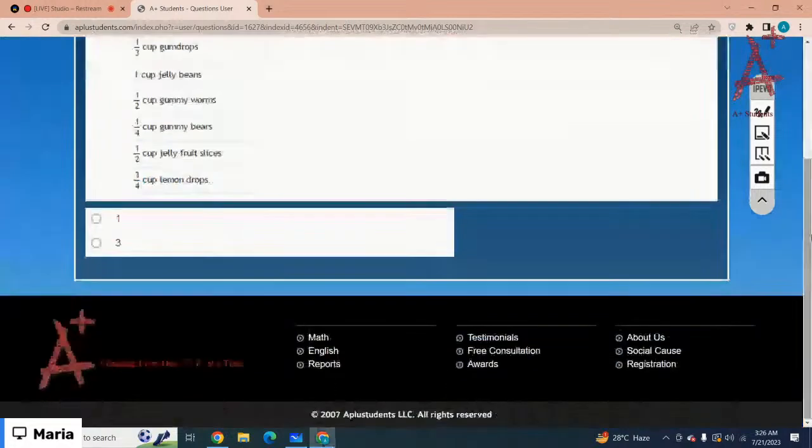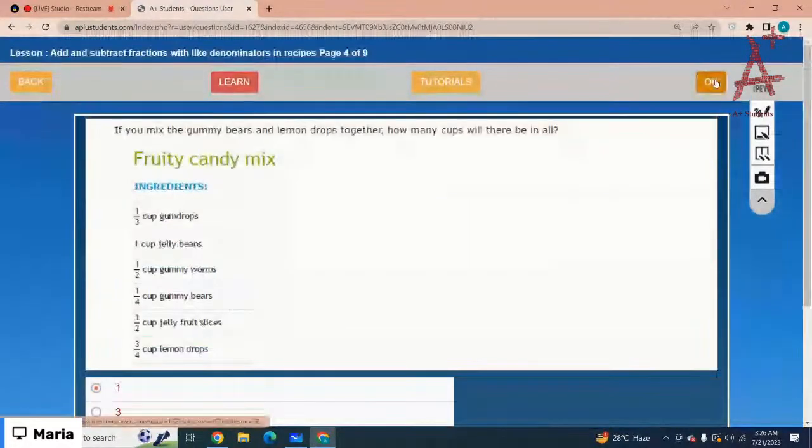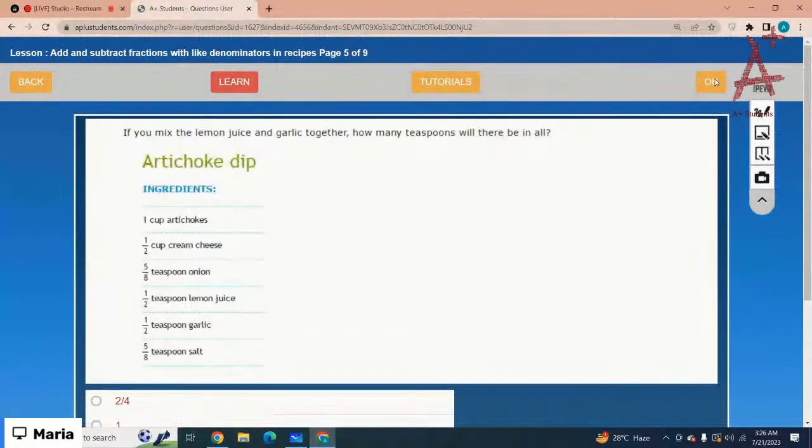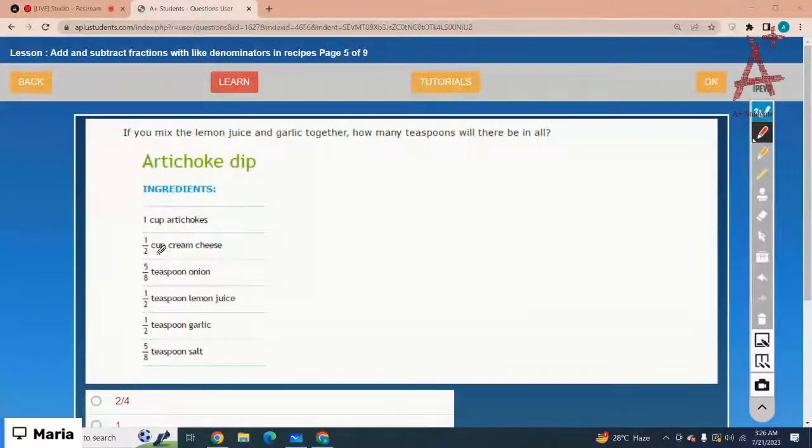If you mix the lemon juice and garlic together, how many teaspoons will there be in all? So you have to add. You have 1/2 teaspoon of garlic and 1/2 teaspoon of lemon juice.